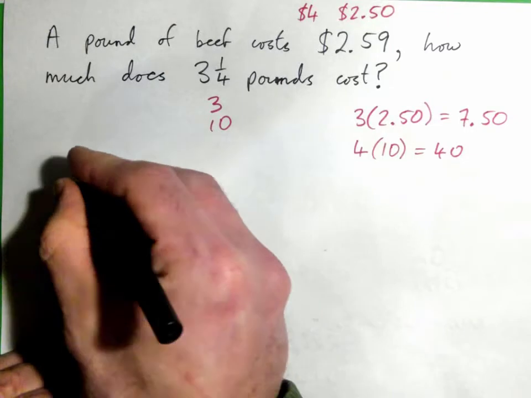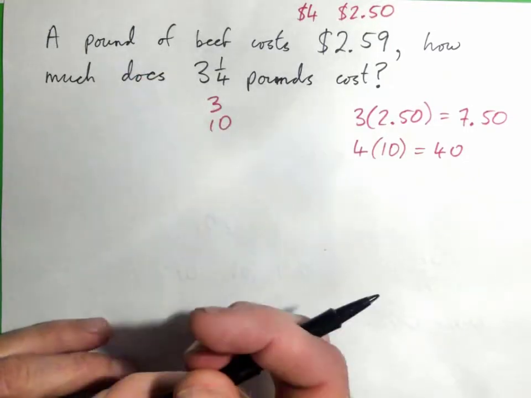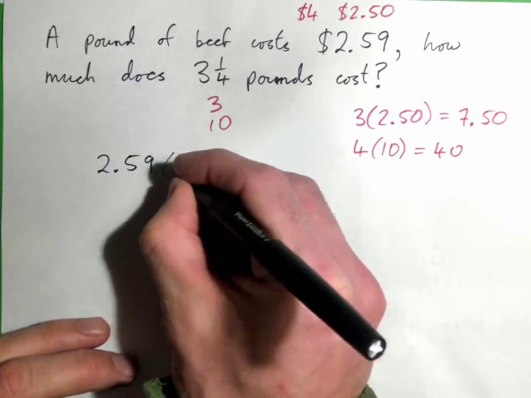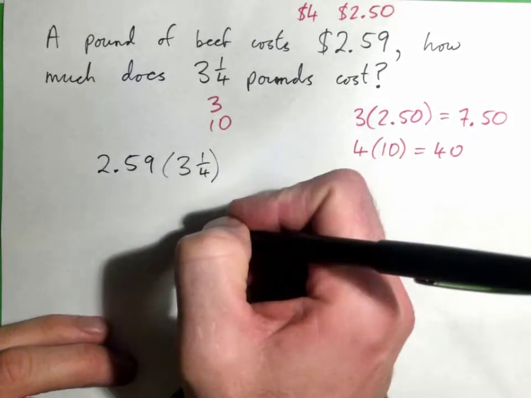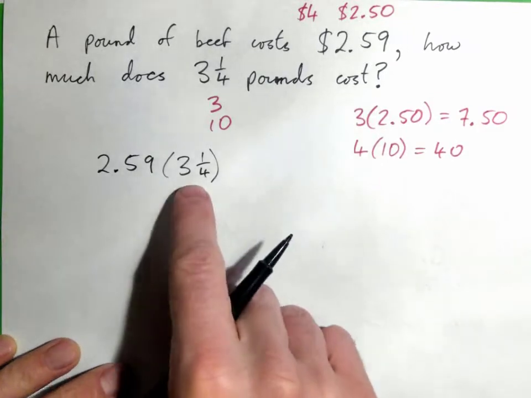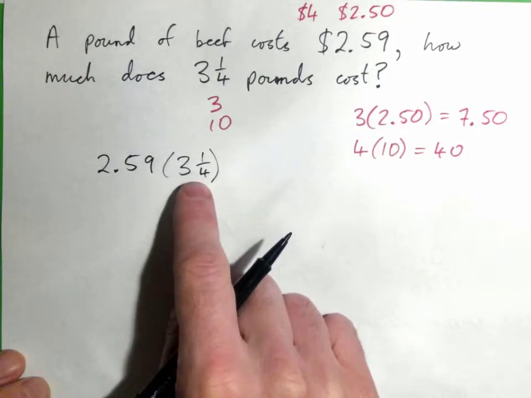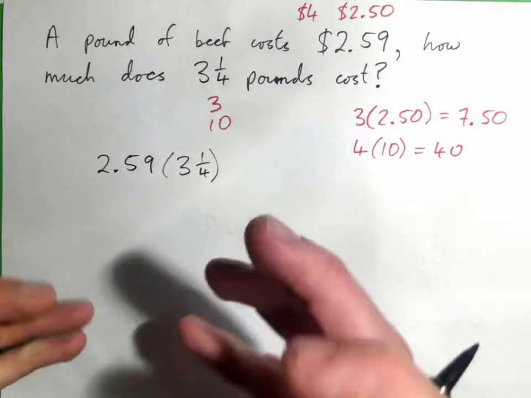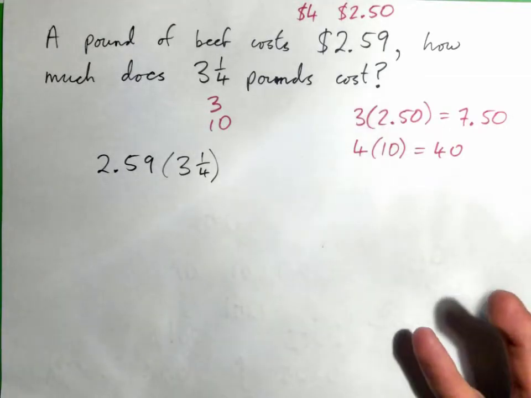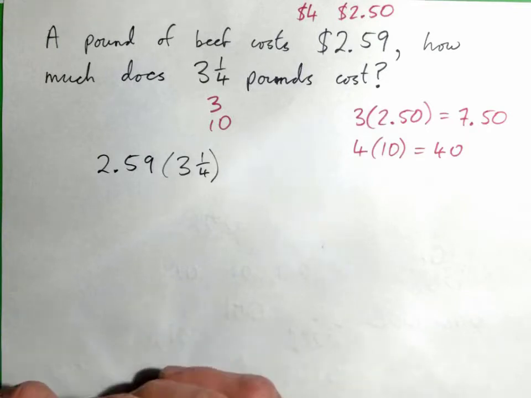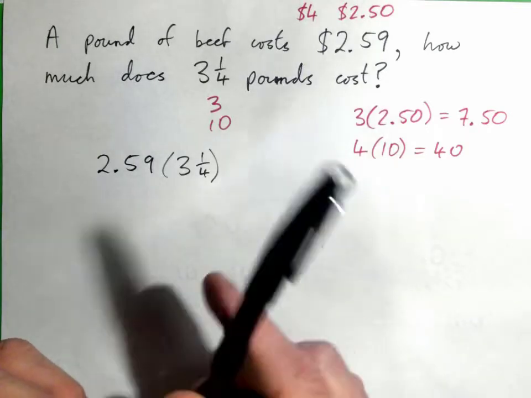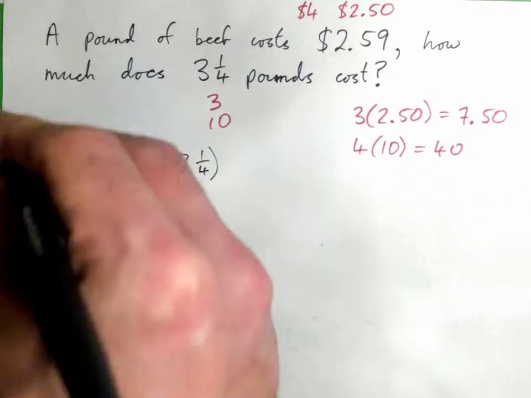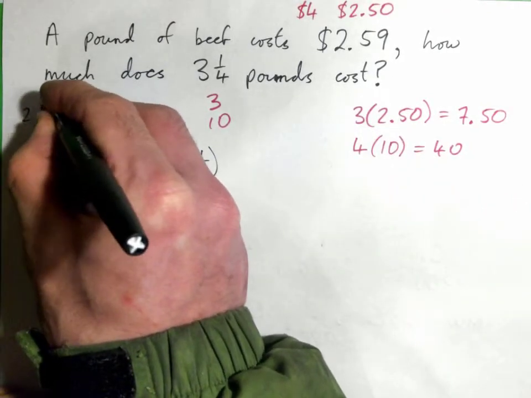So we need to multiply our 2.59 times 3¼, right? Now, I look at this, and we either have to convert everything to fractions or convert everything to decimals. What do you think is easiest to do? Well, that's now 2 and 59 hundredths, like that would be 2 and 59 over 100.